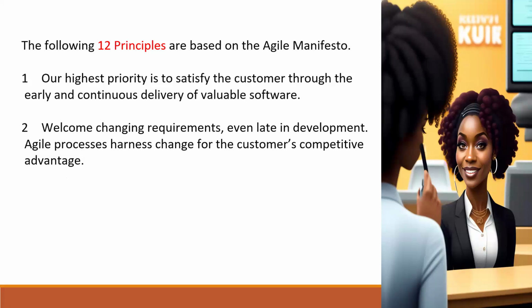So the Agile Manifesto is the same; they have framed 12 principles. And they make sure that if we are following Agile, the majority of these principles you need to implement.